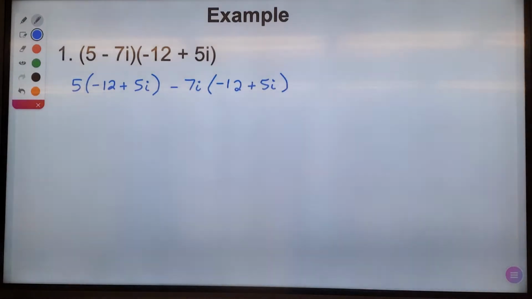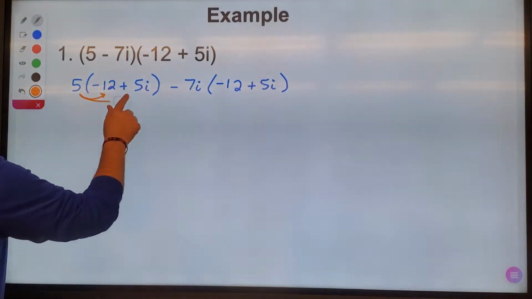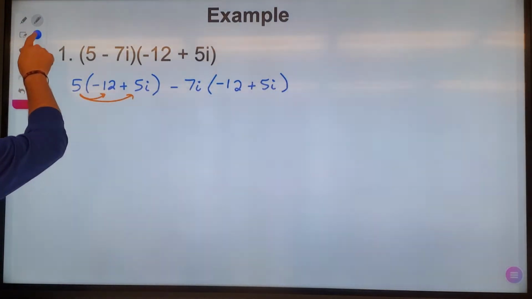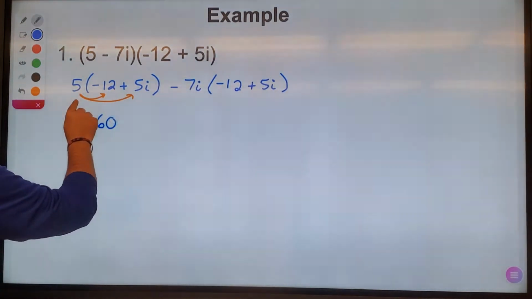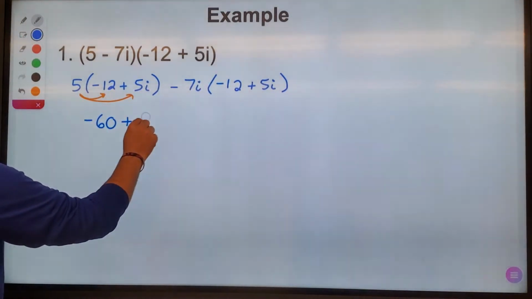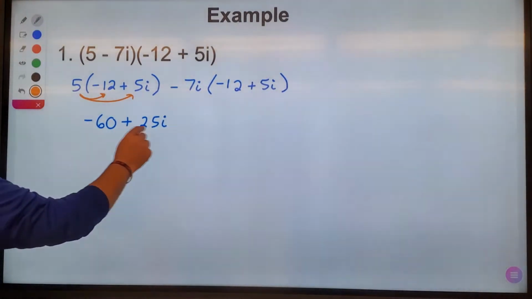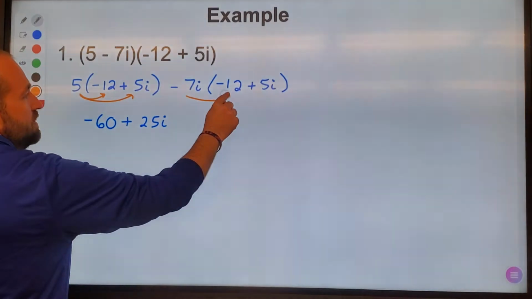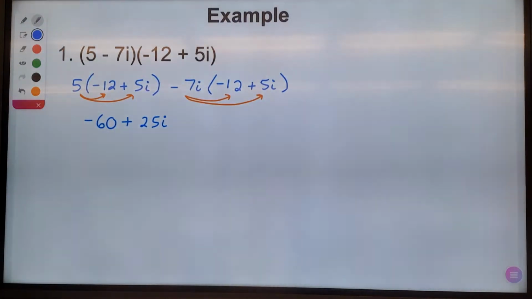Okay, and then once we have this, we're going to distribute, so 5 times the negative 12 and 5 times the 5i. So 5 times negative 12 is negative 60. 5 times 5i is plus 25i. And then I'm going to take negative 7i times negative 12, and negative 7i times that 5i.